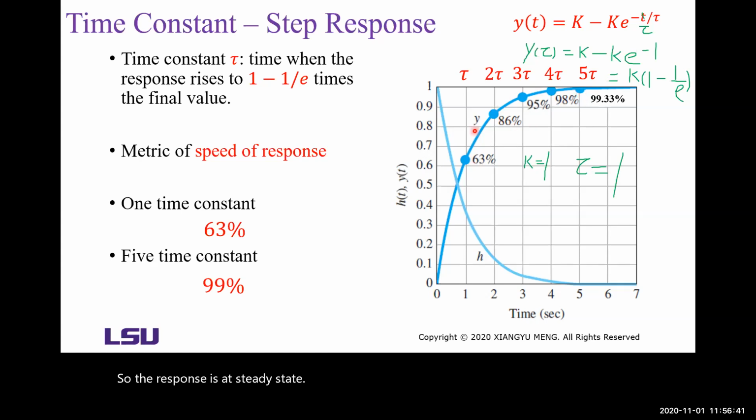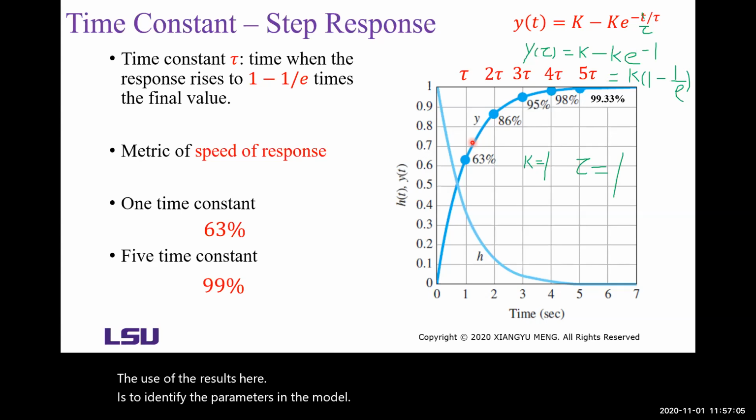So how do we use the result here? We know it's very easy to calculate the impulse response and step response for the first order system. The use of the results here is to identify the parameters in the model.